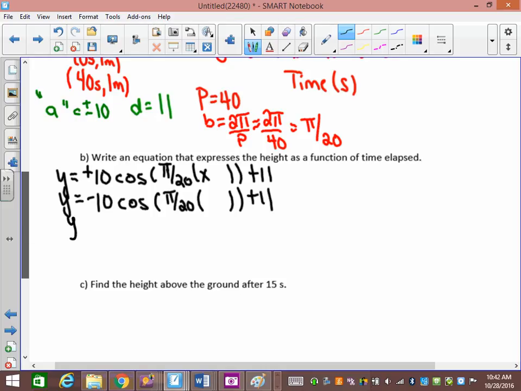Then we're going to do positive sine, positive 10 sine, pi over 20, plus 11, and negative sine.